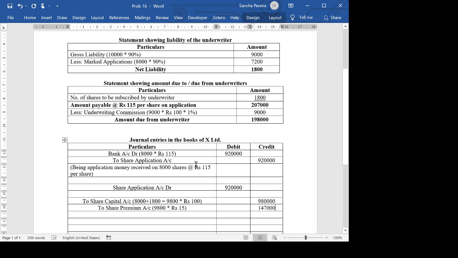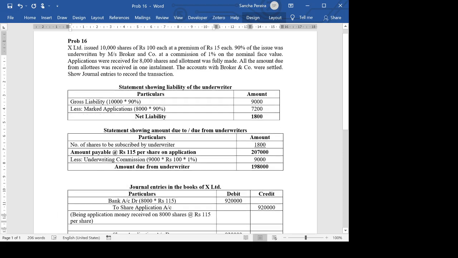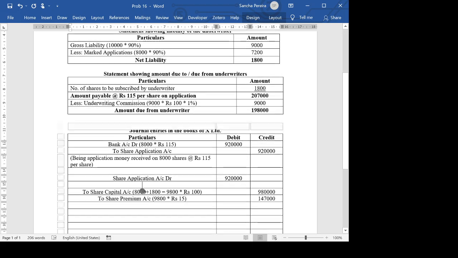Okay, and let's see if the balance tallies here. Who has to pay? That is broker and company. That's the name of the underwriter. Broker and company account debit, that comes to 2,07,000. So if you put this together, 1,47,000 plus 9,80,000 comes to 11,27,000, and this also comes to 11,27,000. The only difference was here, I have not transferred the entire 10,000.